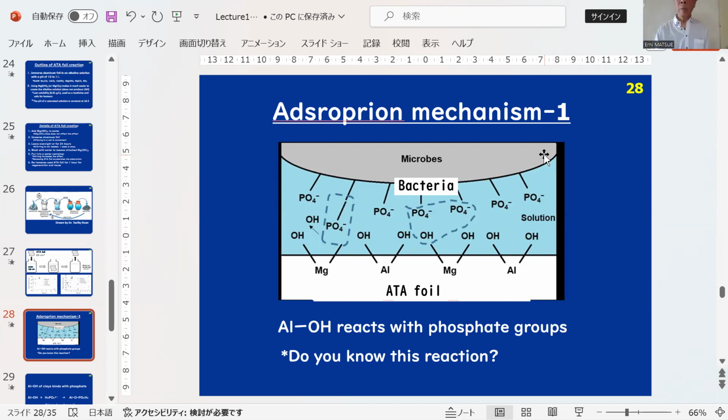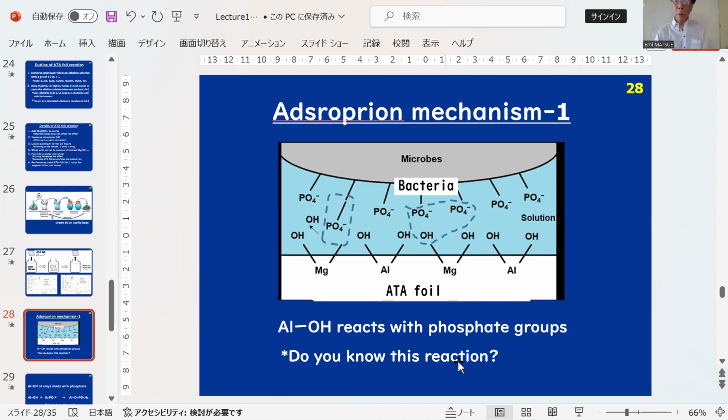They said all microbes and viruses have phosphate groups on their surface. And the ATF LOH reacts with phosphate groups.